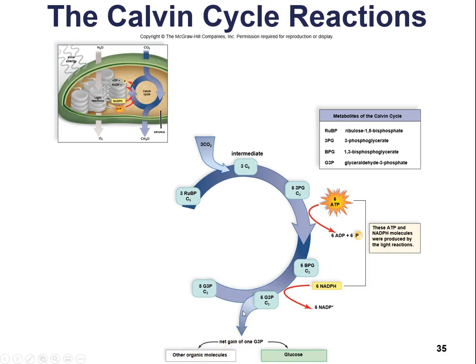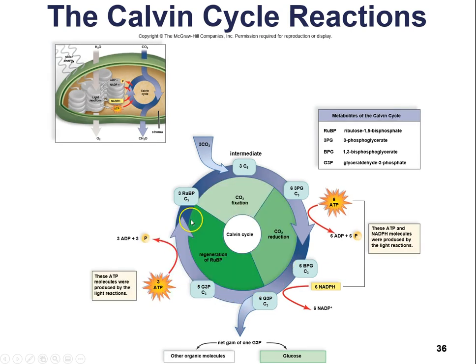Now, of the G3Ps that are produced here, one comes out, and the rest of them have to continue in the cycle, so that RuBP can be regenerated and the cycle can continue. If you look at these 3 different parts that we talked about before, here's your carbon dioxide fixation.